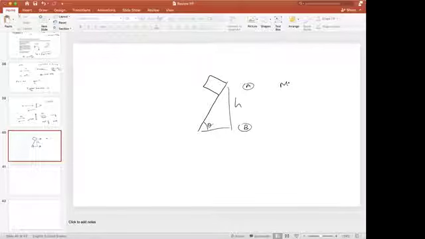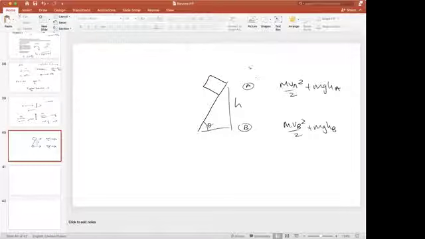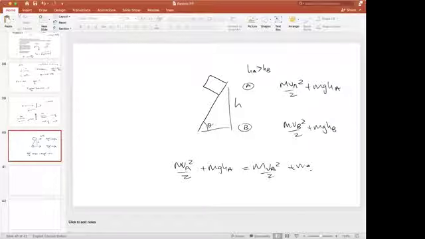Well, m v_a squared over 2 plus m g h_a, and then at the bottom, m v_b squared over 2 plus m g h_b. We're going to assume that h_a is greater than h_b. So if we set these equal to each other, m v_a squared over 2 plus m g h_a is equal to m v_b squared over 2 plus m g h_b.